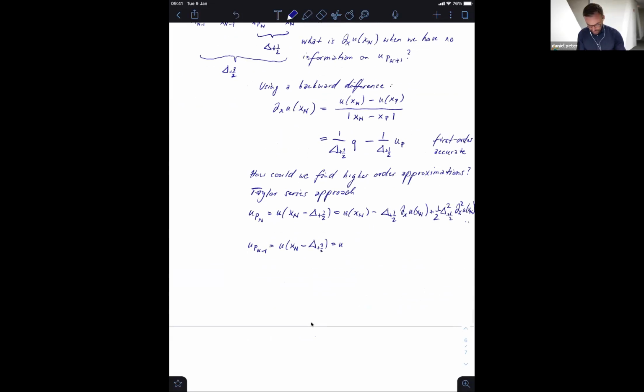So then we have U at Xn minus delta at 3/2 times the derivative of U at Xn, plus 1/2 this delta squared and the second order derivative of U at Xn, etc. The additional terms.